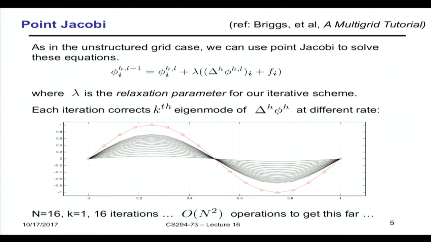So this is effectively a residual times the relaxation parameter, which we're going to discuss soon. And then that is an update to our iteration for the next guess at L plus 1 for every point in space. So that relaxation parameter looks effectively like we're marching in pseudo-time from L to L plus 1 with some time step relative to that.